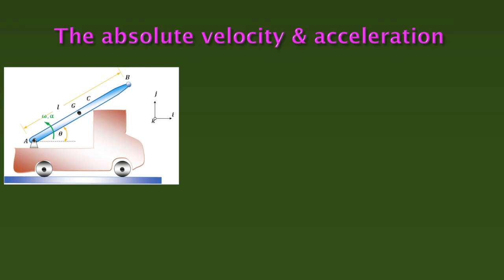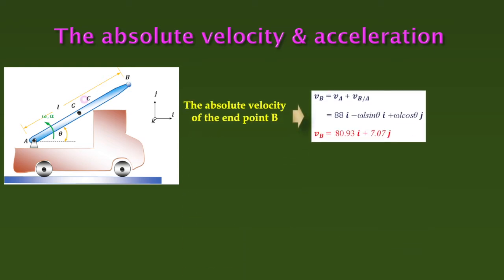After calculation of angular velocity and angular acceleration of the rod, we have to find out the absolute velocity of points B and G. So how to find out? We know VB equals VA plus VBA.